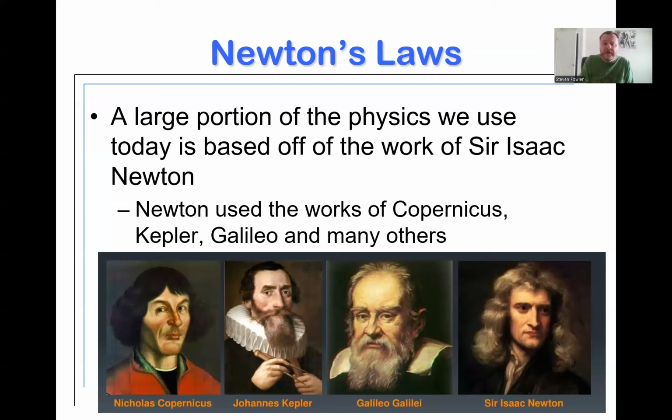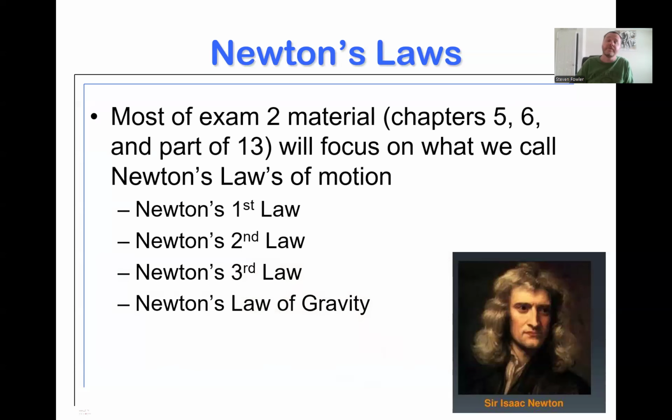For example, Copernicus and Galileo, whose work was built off of each other, and Johannes Kepler. There are many others, but these are often credited through history as the main ones that heavily contributed to the work of Sir Isaac Newton.